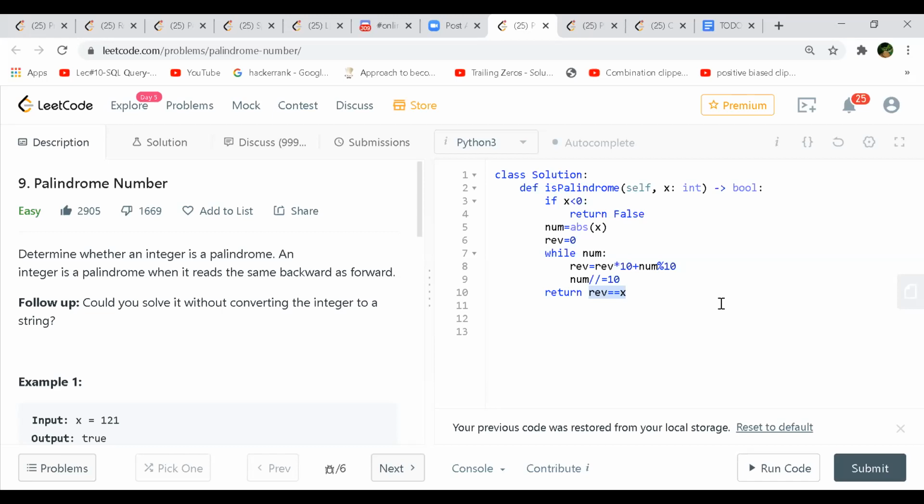The 10 case I didn't check here. You didn't check because you are actually going all the way down, right? If you want to do the halfway comparison, you'll have to check the 10 case and the negative number.